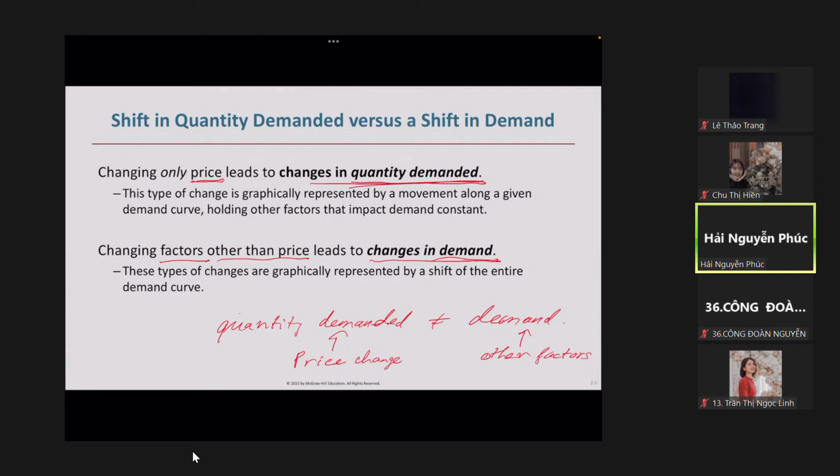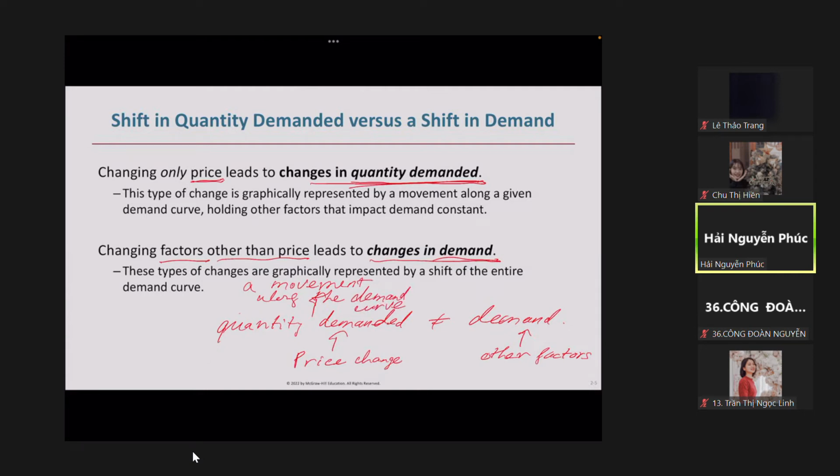And the change in quantity demanded due to the impact of a price change is illustrated as a movement along the demand curve, right? Along the demand curve.